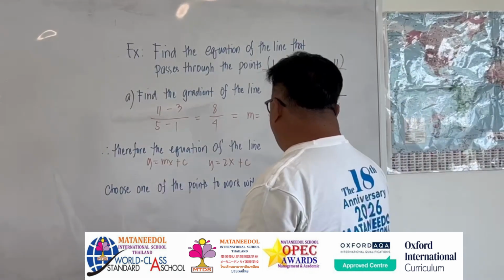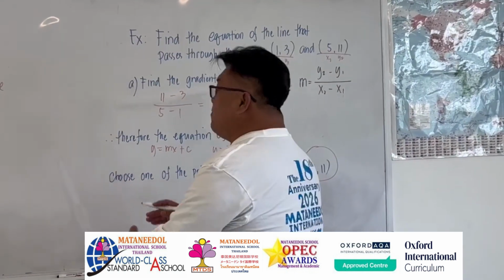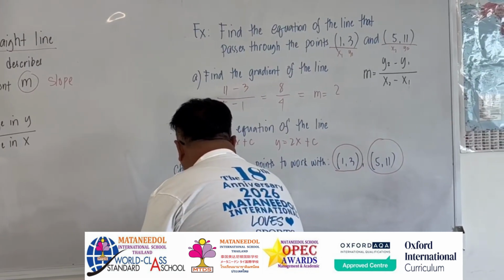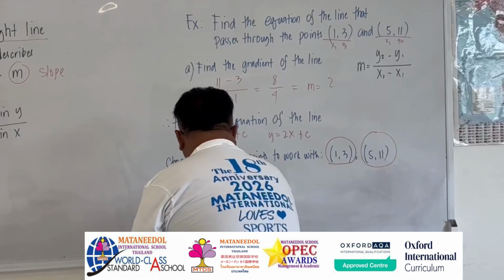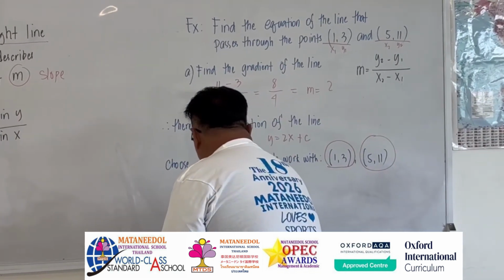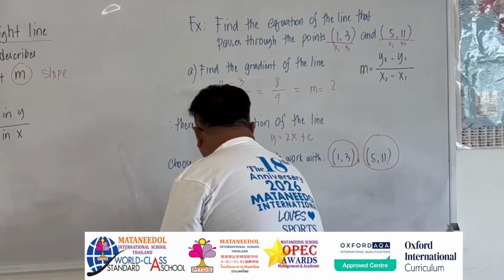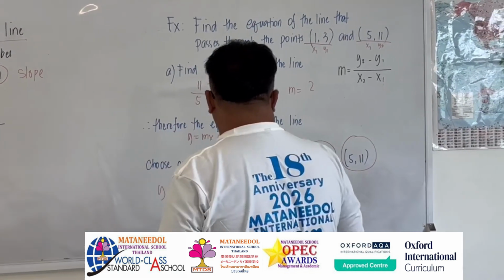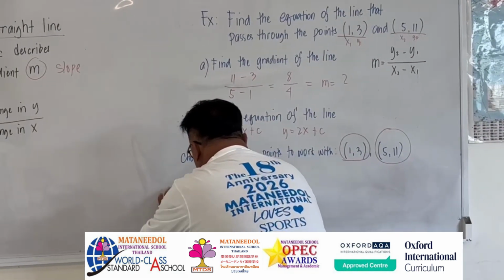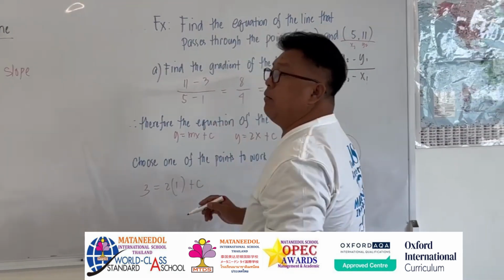Now, if we choose (1, 3), we simply substitute, where we have y is equal to 2 times the value of x, which is 1, plus c. Since y here is 3, we change y here to 3. So 3, the value of y.